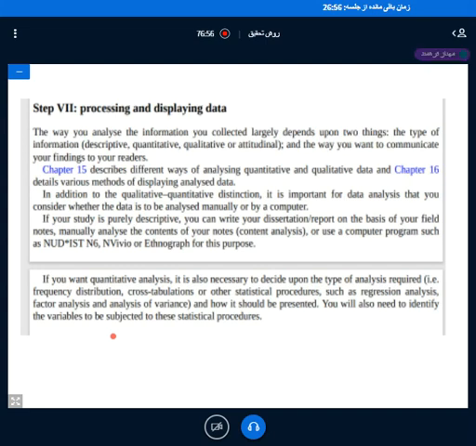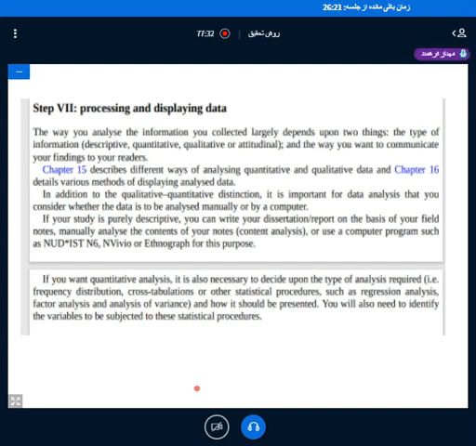If you want quantitative analysis, it is also necessary to decide upon the type of analysis required. For example, frequency distribution, cross tabulation, or other statistical procedures such as regression analysis, factor analysis, and analysis of variance.